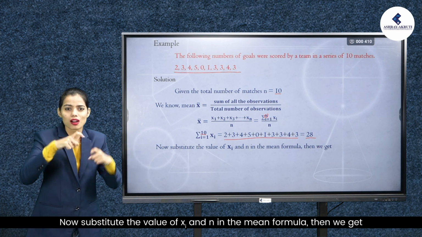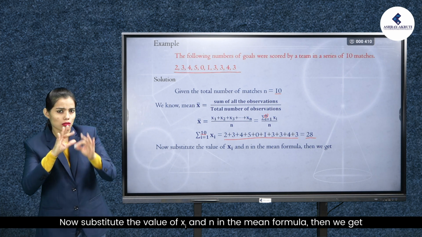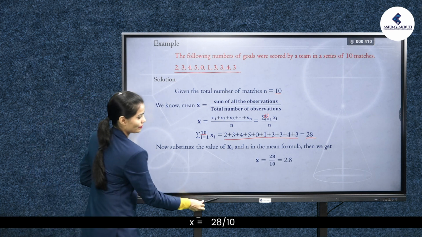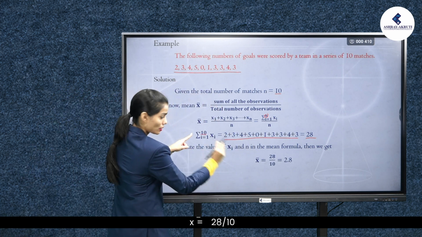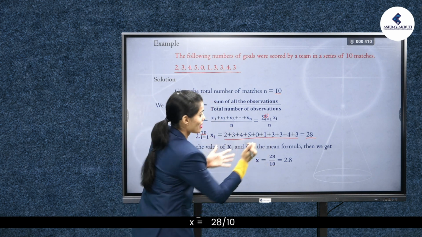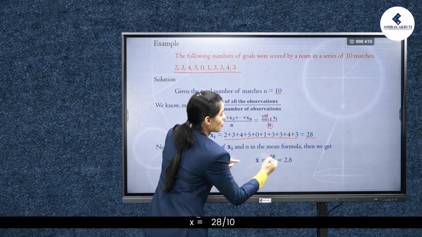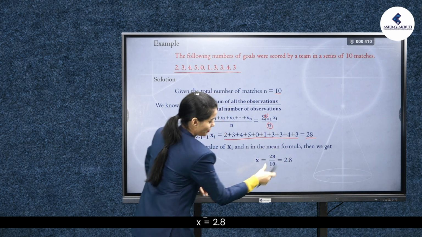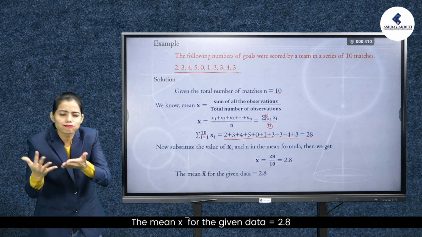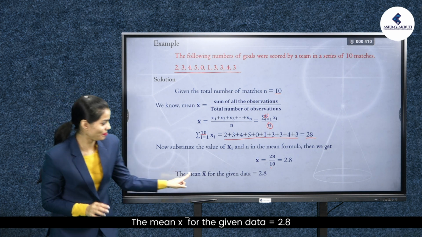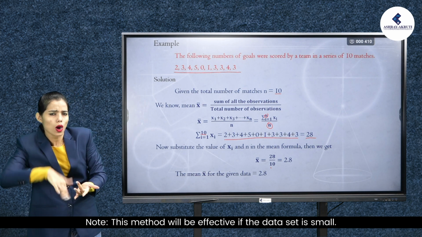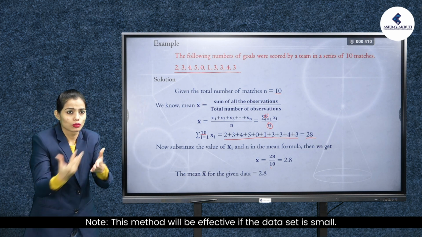Now substitute the value of xi and n in the mean formula, then we get x bar is equal to 28 by 10, so x bar is equal to 2.8. The mean x bar for the given data is equal to 2.8. Note: this method will be effective if the data set is small.